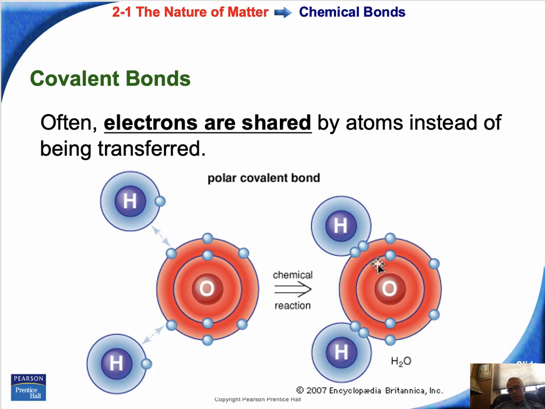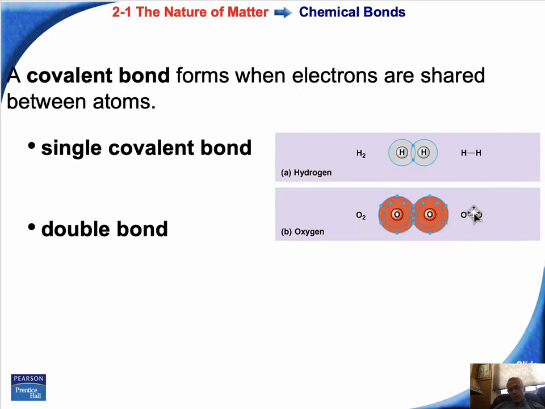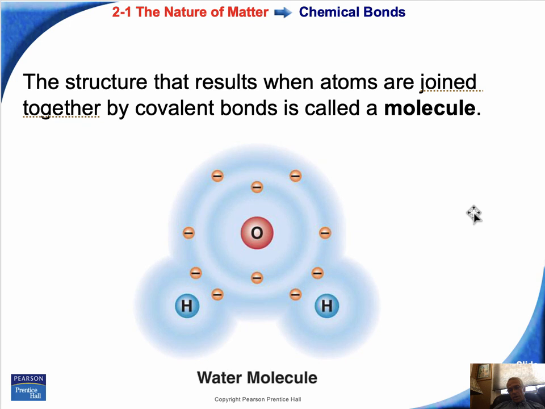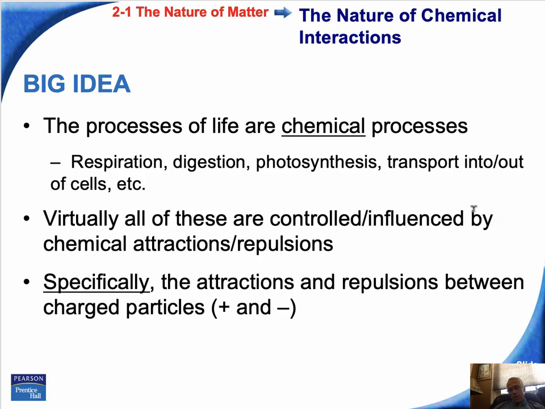And it can form these covalent bonds with a single oxygen atom, and the sharing of now what is a pair of electrons, 1 from the oxygen, 1 from each hydrogen, will form those covalent bonds, and mutual attractions between those atoms, nuclei, and their shared electrons is the glue that holds them together. Okay, so when atoms join by covalent bonding, we have a structure called a molecule.